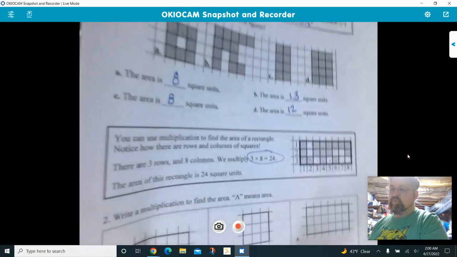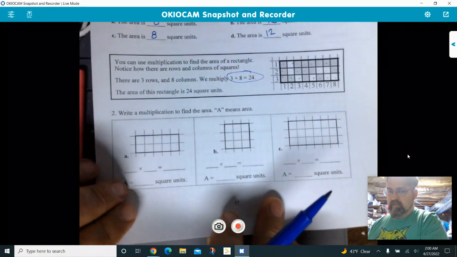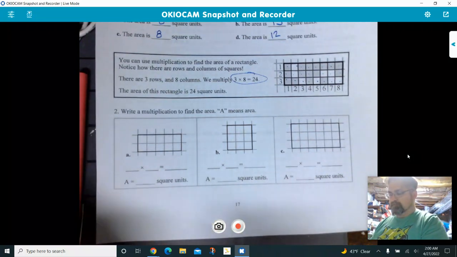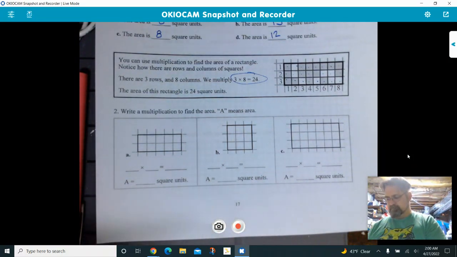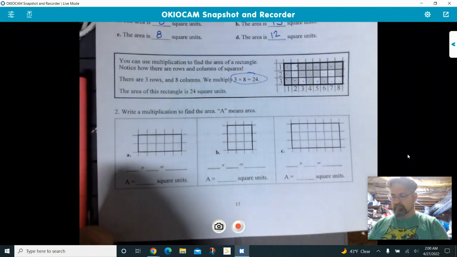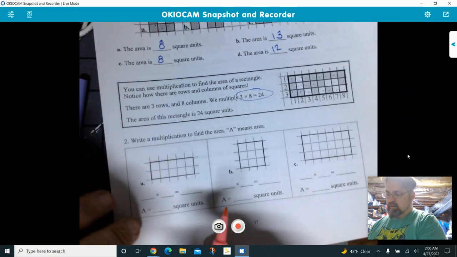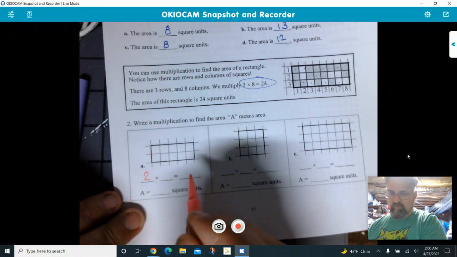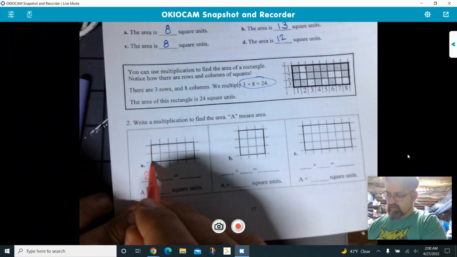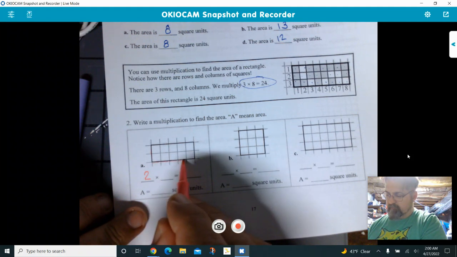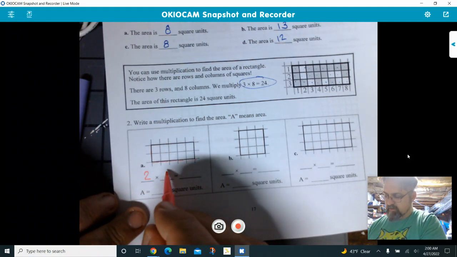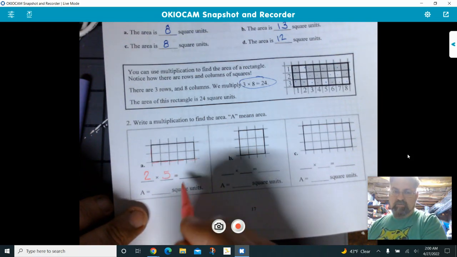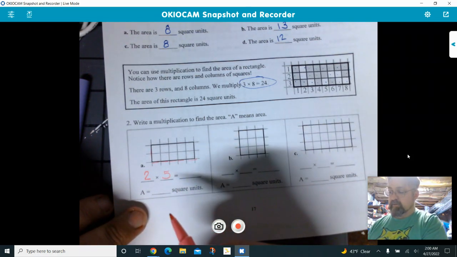Okay. I will do one of these with you, and you're going to do the other two. I'll do letter A. This distance is 1, 2. Put down my 2 times 1, 2, 3, 4, 5. 2 times 5 will give us our surface area.